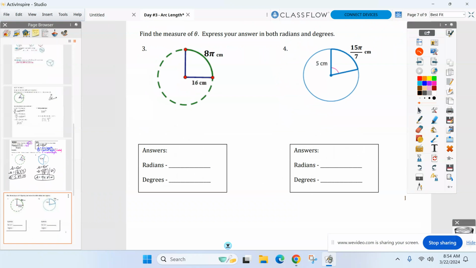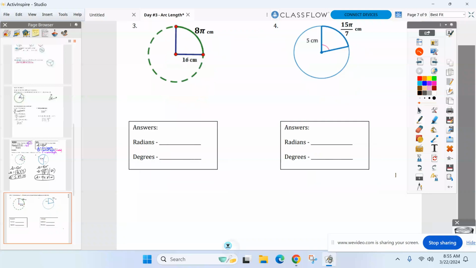Now I want you to find theta. Find the central angle, and we're going to do it in radians, and then we'll talk about how I find that same angle in degrees. But let's find it in radians first, because that's the formula we're using today. So S equals theta, and that's just a variable, times R. I have something to plug in for S now.